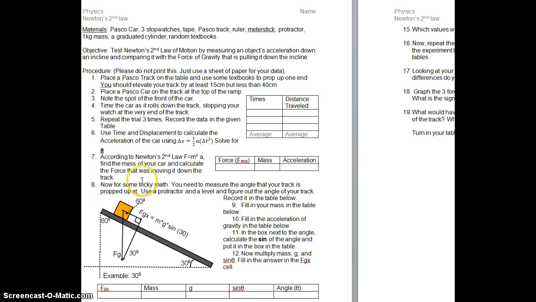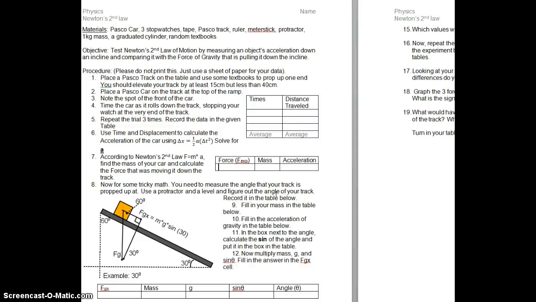Now for some tricky math, but it's within your ability. Measure the angle of your track that's propped up. Use a protractor and a level to figure it out. What you're going to want to do is put the protractor so that the flat part of the protractor is running along your track. Have the protractor hanging down, I recommend, so that the bottom of the protractor is even with the top of the track.